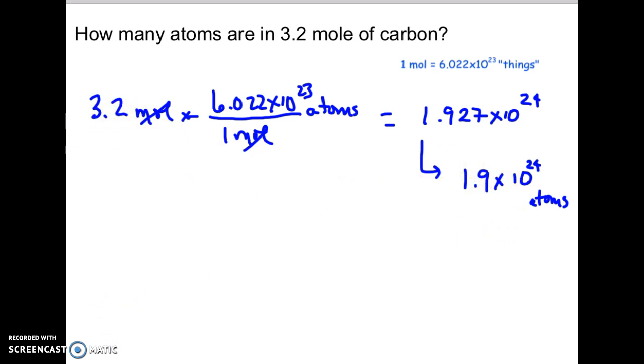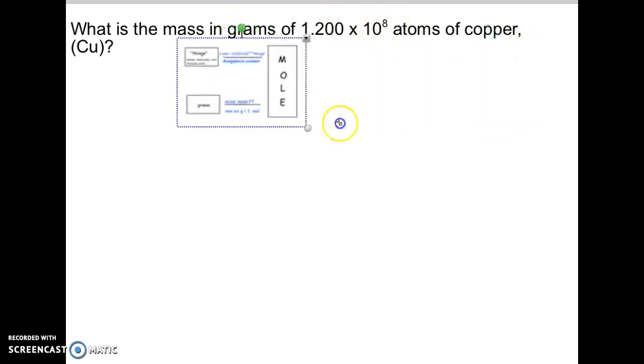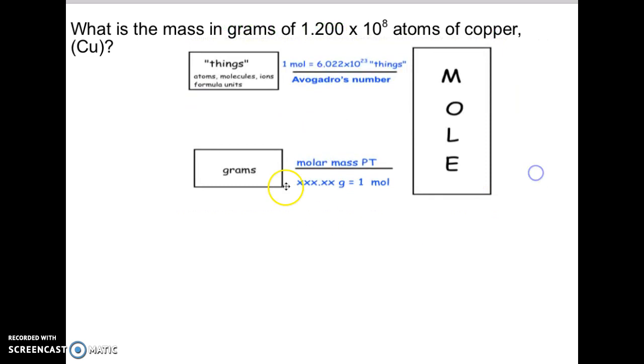Okay, we're going to do one final problem, and this problem is unique because it's asking you what is the mass in grams of 1.200 times 10 to the 8 copper atoms. And when we look at this, I'm going to make this a little bit bigger here, and I'm going to try to get this done in a short period of time because I'm running out of time.